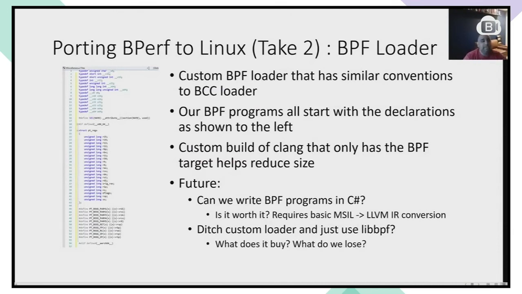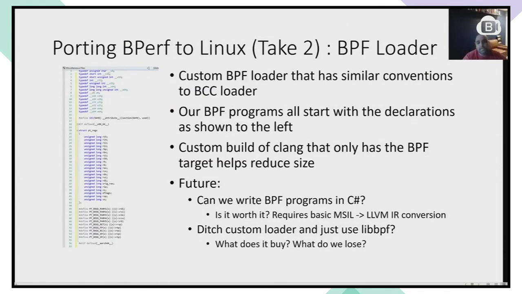We essentially have all the definitions that are needed from the kernel for the particular architecture available. So we'll define the pt_regs, and then this information is available to the authors of our BPF programs, who then utilize this, and a special build of Clang that has only the BPF target, to reduce the size of the Clang build, is used for our BPF programs.